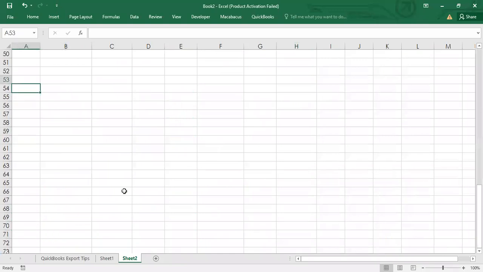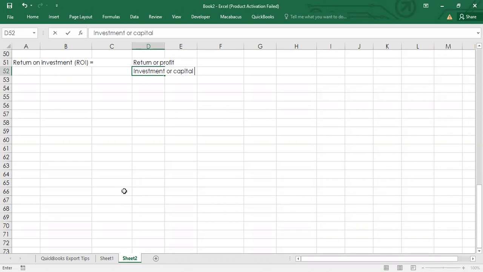Return on investment, the ROI, is equal to return or profit divided by investment, or costs or capital employed. And there's nothing to worry about.